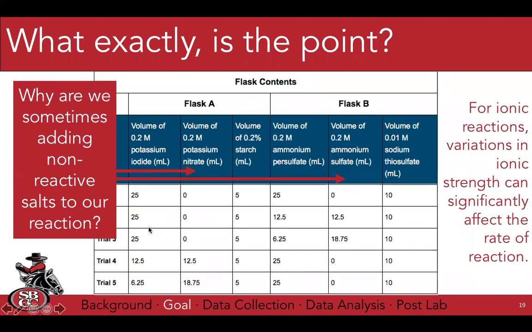So if we get rid of, let's say here, ammonium persulfate, we're going to add an equal amount of ammonium sulfate, which is non-reactive, but has the same charge. It's 2 +1s for the ammonium and 1 2- for the sulfate, just like it's 2 +1s for the ammonium here and 1 2- for the persulfate.